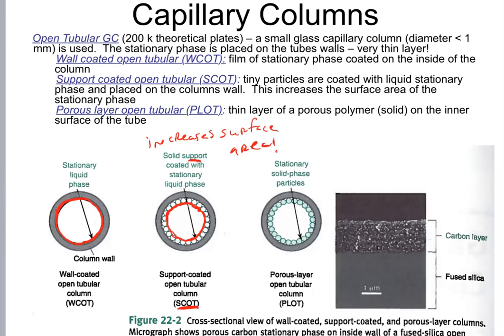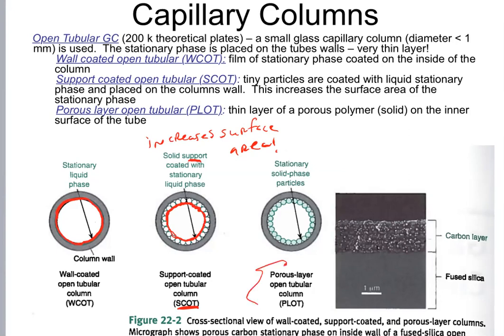And if we have more stationary phase present, we can actually inject more sample prior to our column being what's called overloaded, which means that we're just injecting too much sample. It can't reliably partition between phases in an equilibrium sense, and that really degrades separation performance. So by increasing the stationary phase surface area, we really can get around that, all right? And that's what it's for.